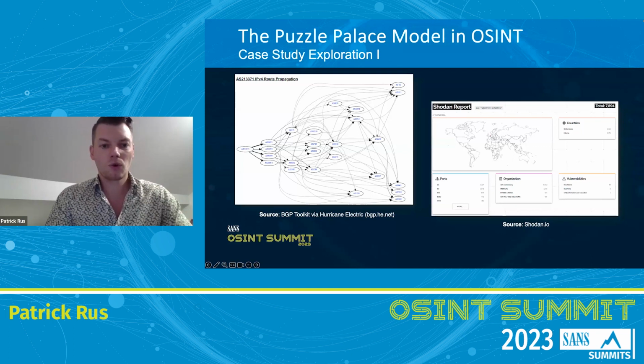They have a tool called the BGP Toolkit, which stands for Border Gateway Protocol. This protocol enables internet exchange of routing information between autonomous systems, between internet service providers, for example.